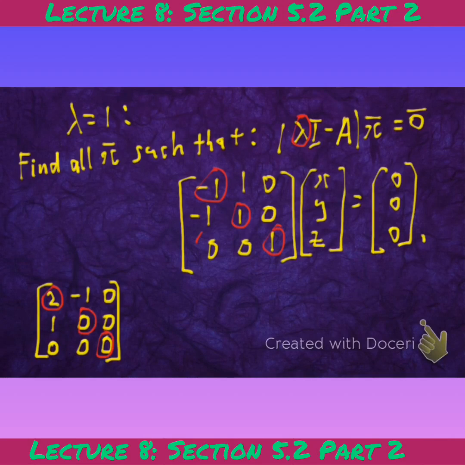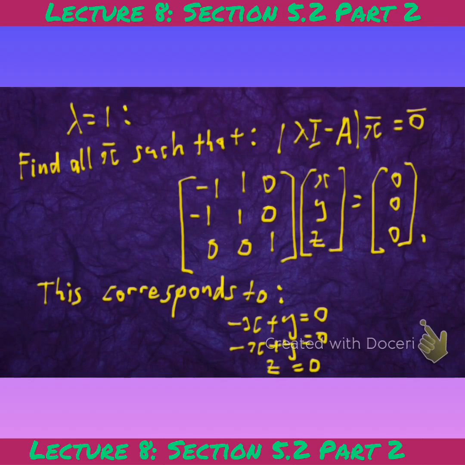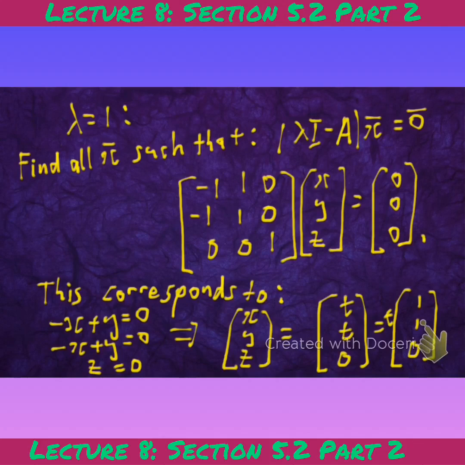So that corresponds to minus x plus y equals 0, minus x plus y equals 0, and z equals 0. So therefore x, y, z can be solved as t times the vector 1, 1, 0.